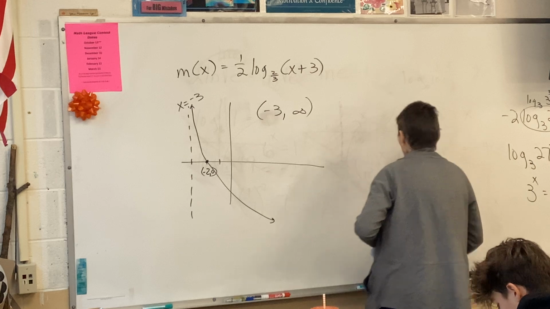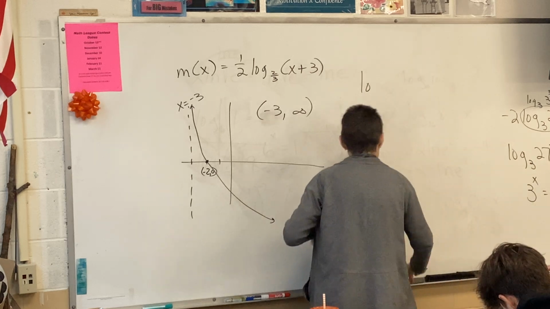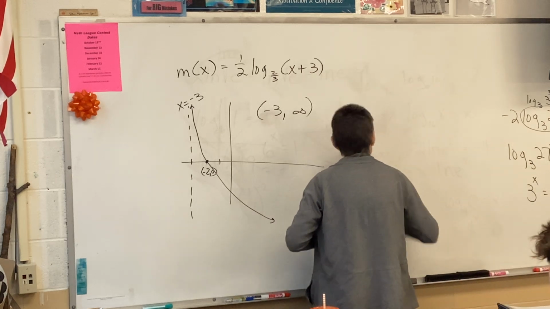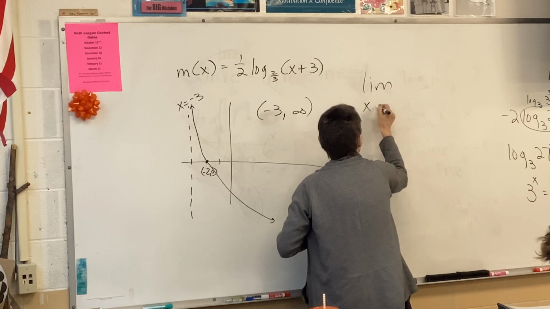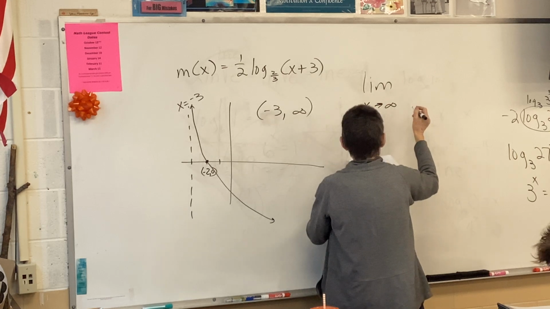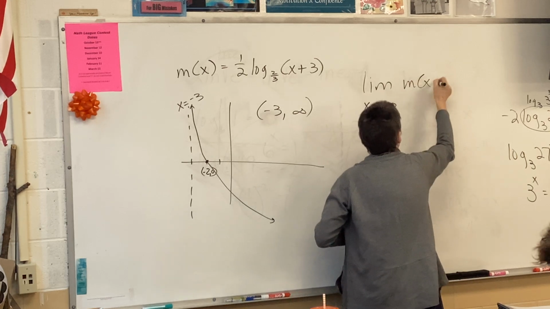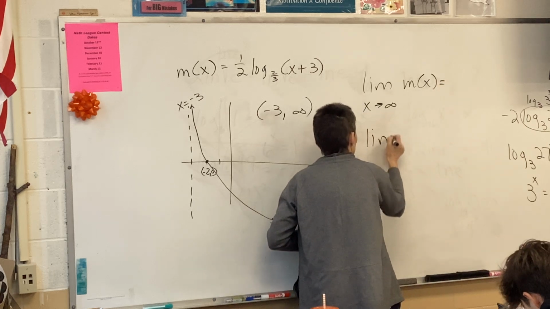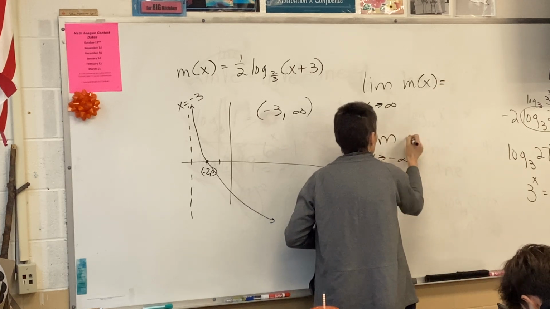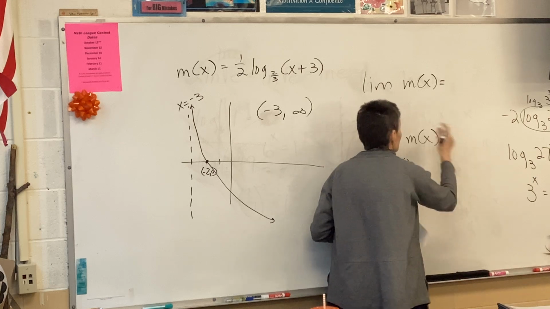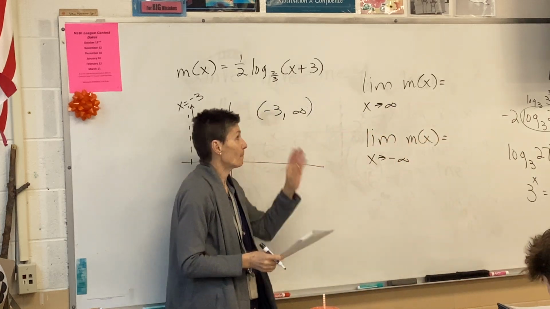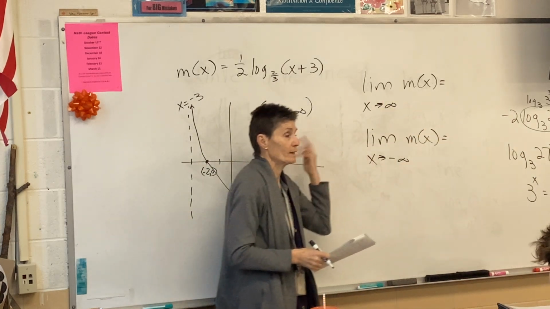And end behavior, we talked about this a little bit the other day. For end behavior, we are programmed to start this way. That is end behavior. What happens all the way to the right, what happens all the way to the left.